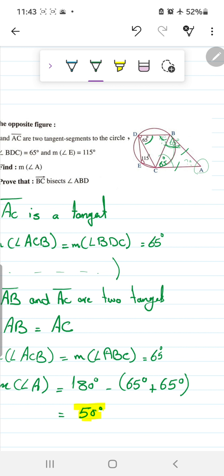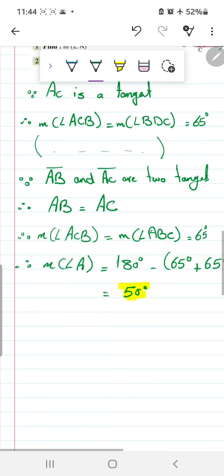We have here BCED is a cyclic quadrilateral. Why? Their four vertices lie on the circle. So each two opposite angles are supplementary. So measure of angle DEC plus measure of angle CBD equals 180. So to get the measure of CBD equals 180 minus 115.